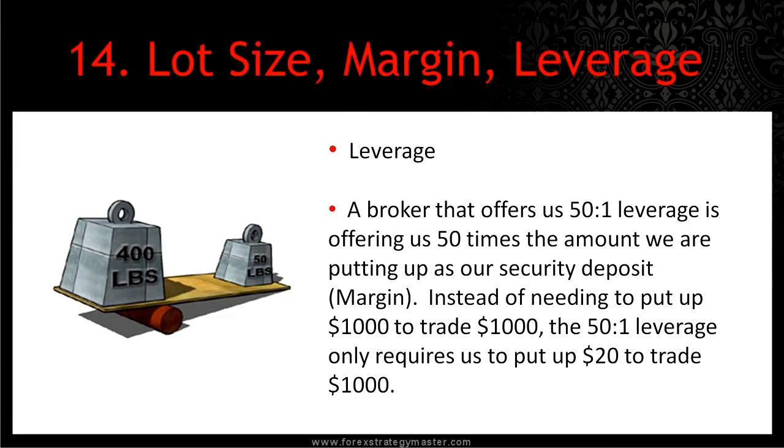A broker that offers us 50-to-1 leverage is offering us 50 times the amount that we're putting up as our security deposit, our margin. So instead of needing to put up $1,000 to trade $1,000, the 50-to-1 leverage only requires us to put up $20 to trade $1,000. We can control $1,000 worth of currency by only having $20.